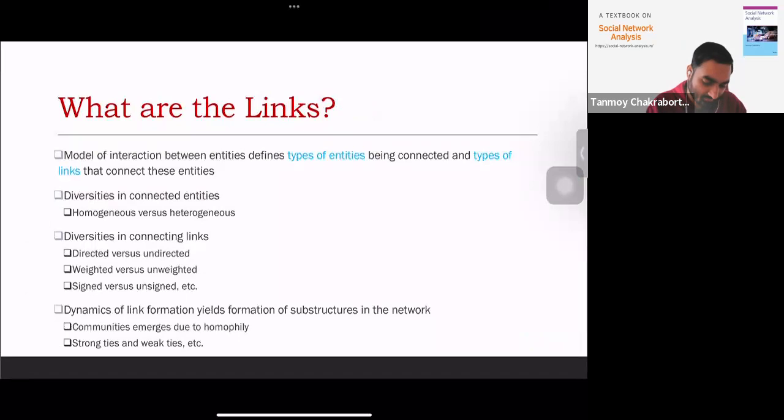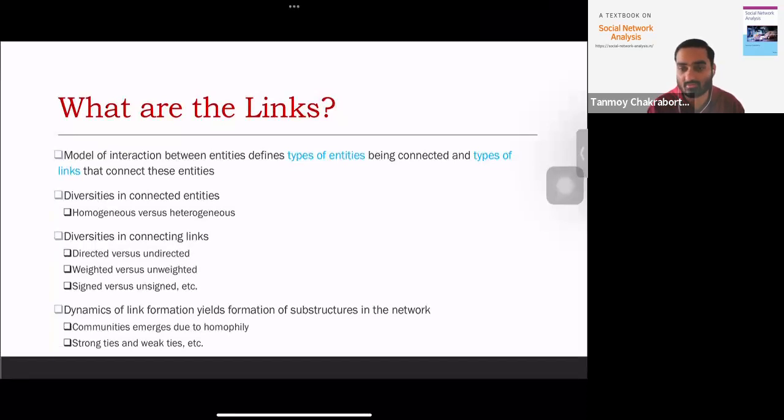If you look at the graphs that we are talking about in this chapter, we'll talk about normal homogeneous graphs, where nodes are of the same type and edges are of the same type. We'll also talk about heterogeneous graphs, in terms of meta paths, again at the end of the chapter. There we'll see diverse notions of link formation. We'll talk about weighted versus unweighted edges.